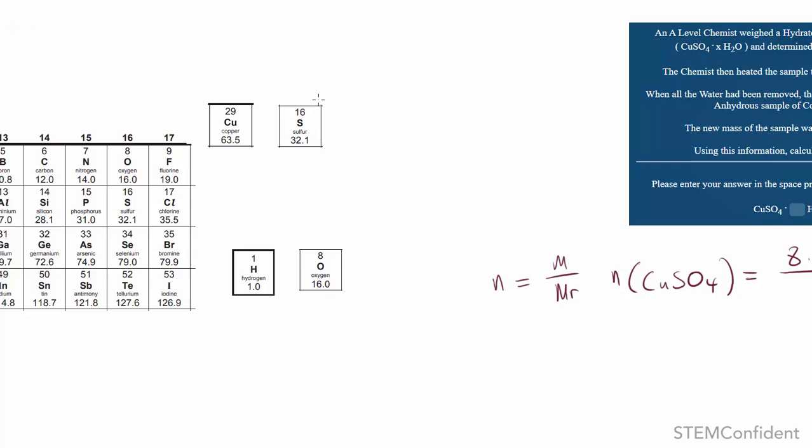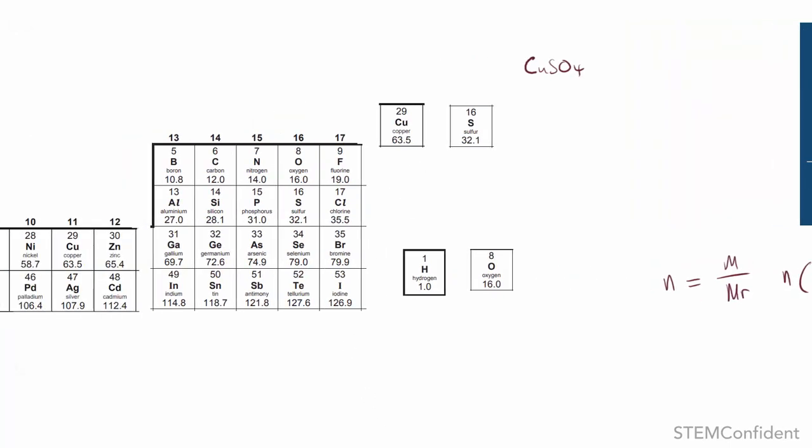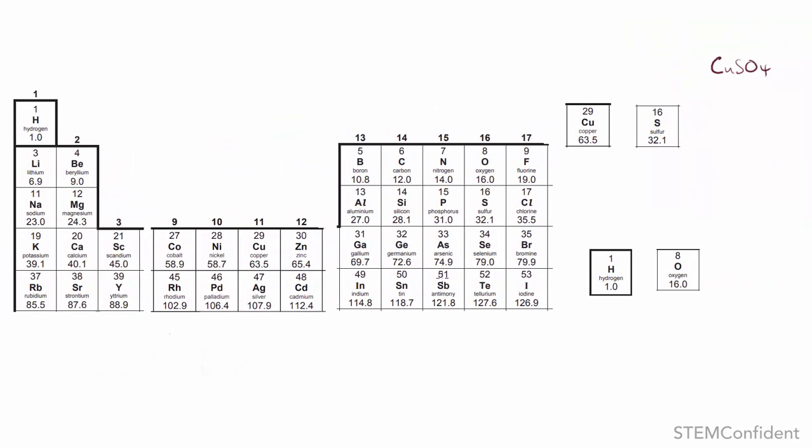Given the formula is CuSO₄, we can use that to work out the molar mass. We've got a few excerpts from the periodic table here: copper, sulfur, and of course oxygen.